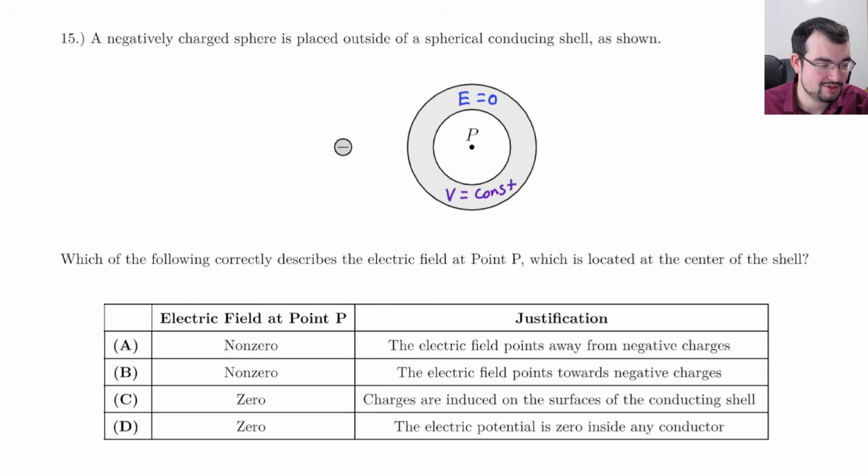But we're actually not asked about the conducting shell. We're asked about this cavity region. So what do we know? Well, remember that the electric field must always be perpendicular to equipotential surfaces. So we are going to get some sort of field lines that look kind of like this.